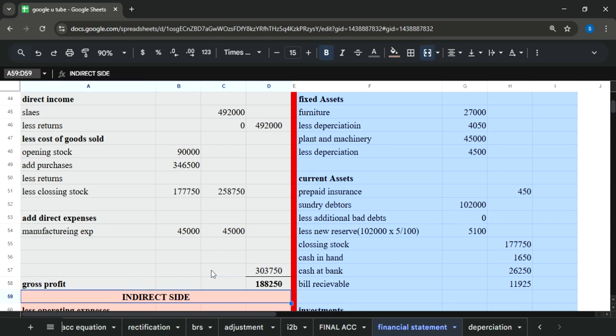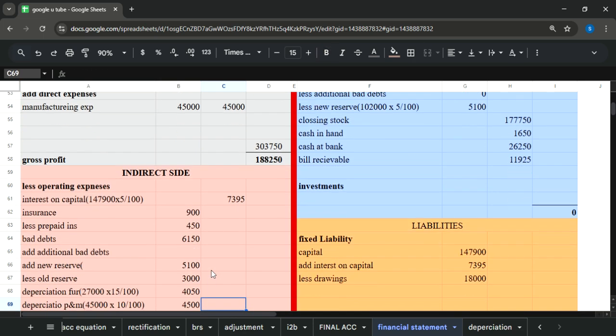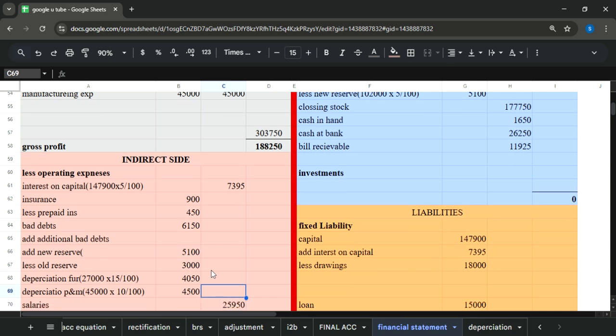After which we will start the calculation of net profit. For that you need to complete your amounts for adjustments. First, the amount of insurance, you need to subtract prepaid. Here we have the second amount.